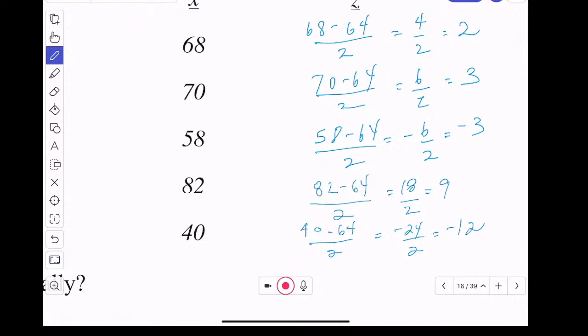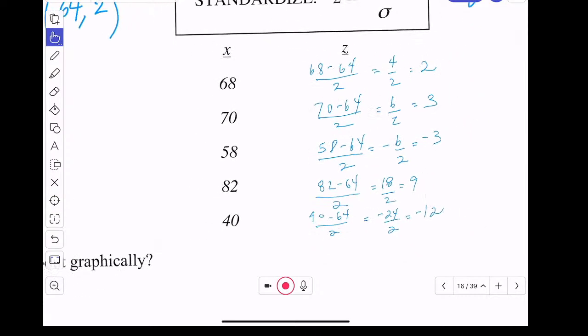So it's very far, very much in the outliers, okay? So a woman at 40 inches is a deep outlier, very short. And a woman at 58 inches is technically on the borderline of outliers at -3 standard deviations from the mean.